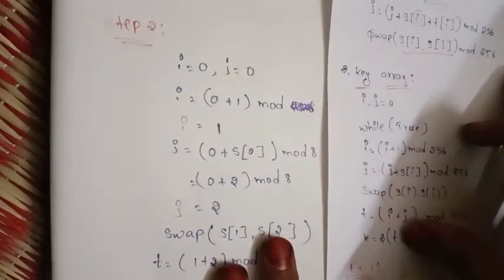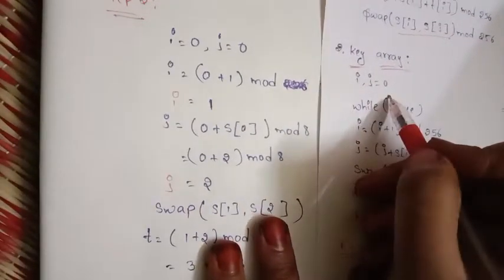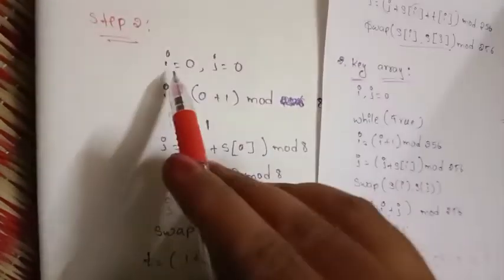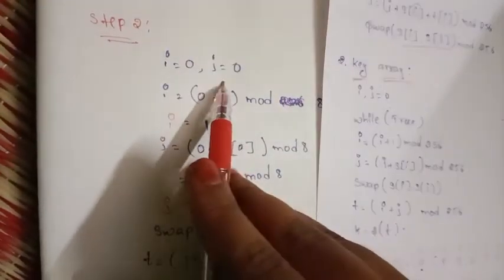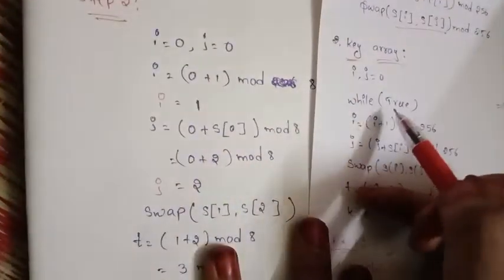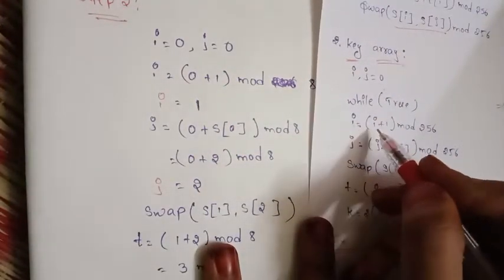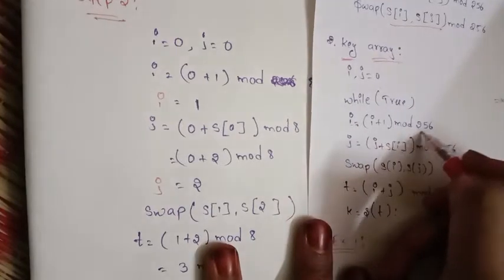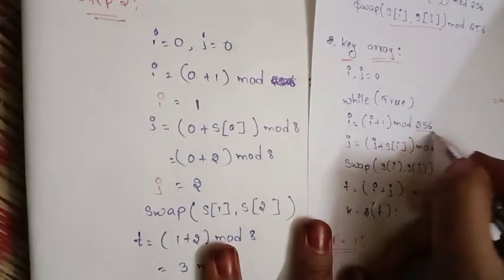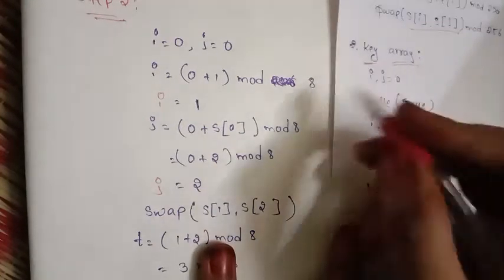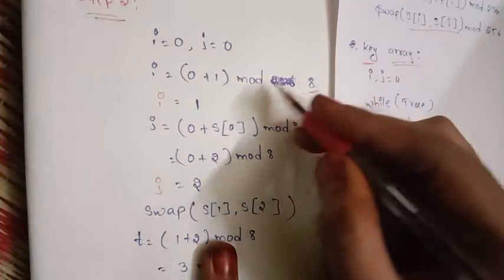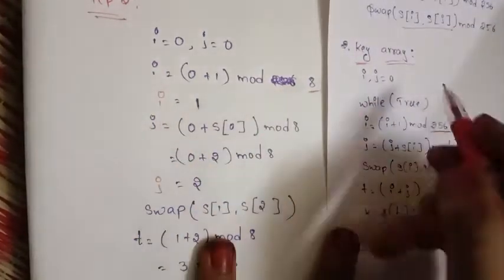Now the first step is i, j equals 0. Let us assume that i equals 0, j equals 0. Next, i equals (i plus 1) mod 256. In place of 256, how many bits do we have? We have 8 bits, so in place of 256, I am going to write 8.